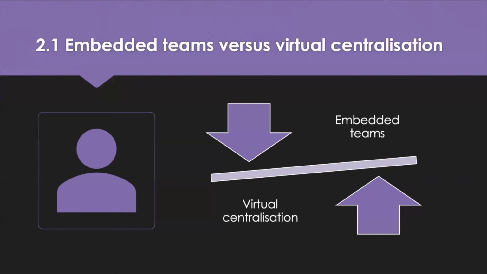This model generally retains a centralized manager or management system, and often members of such embedded teams are generalists rather than specialists. In the virtual centralization approach, the team is located separately away from the supply chain participants. They perform the role of remote control and timely dissemination of information, with reliance on IT.